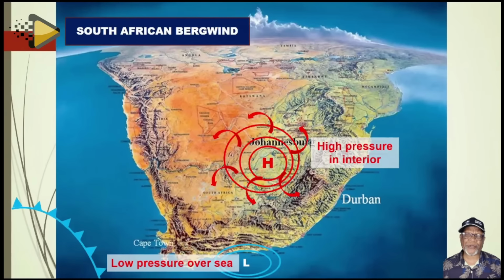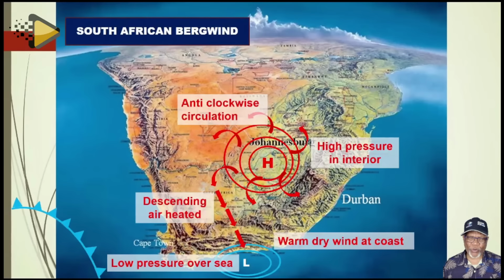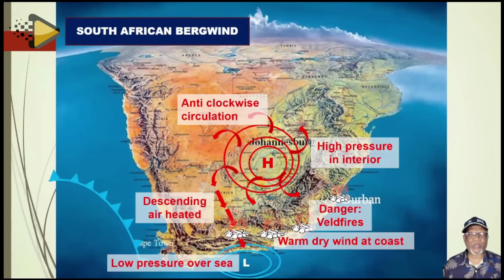All of them uproot plants, cause soil erosion, destroy habitats, disrupt ecosystems. But with the South African berg winds, it will be through fire that will exist there. It will be through different ways, but the impacts will be the same on the natural environment for berg winds, mid-latitude cyclones, tropical cyclones, and line thunderstorms.